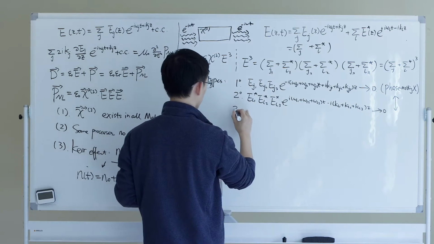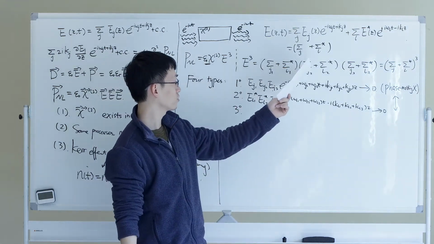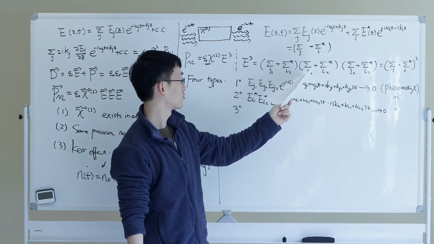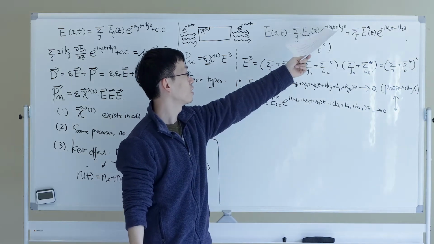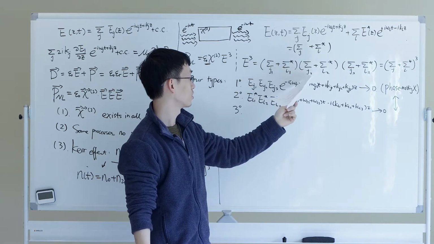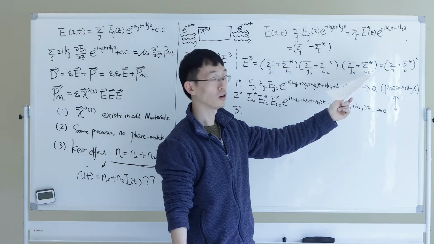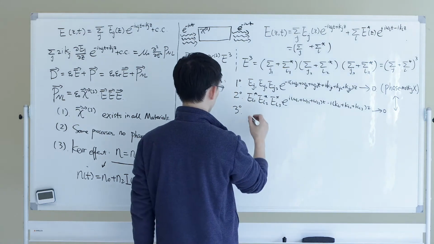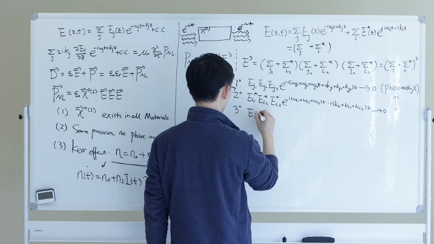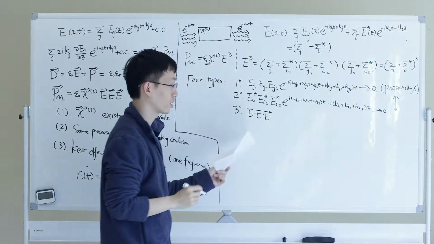And then what's left are 2 types of terms now. The third is that you can think about it: if I pick 2 negative frequency terms, J1, J2, and then I pair it with one of the conjugates, then what will happen? It's 2 E and one E conjugate. We call it this type of term.